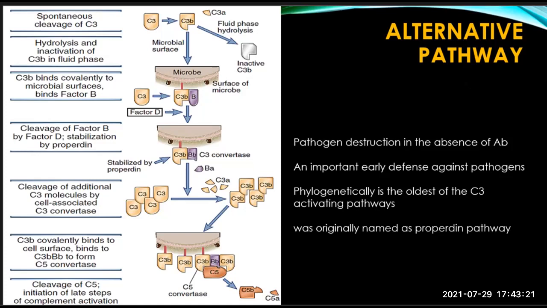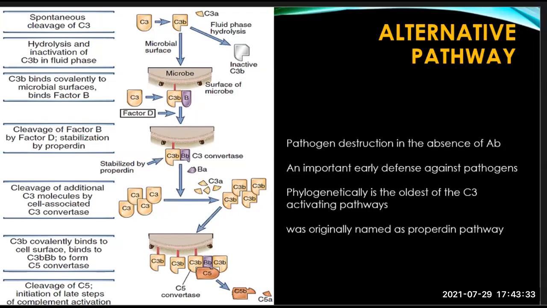Soluble C3 in plasma undergoes slow spontaneous hydrolysis of its internal thioester bond, which leads to the formation of a fluid phase C3 convertase and the generation of C3b.